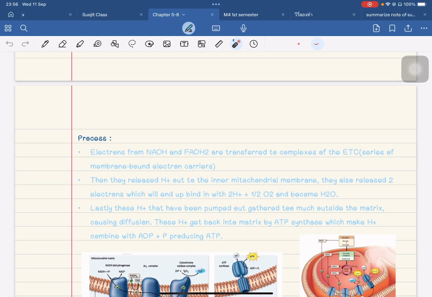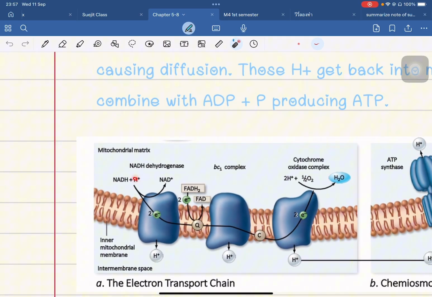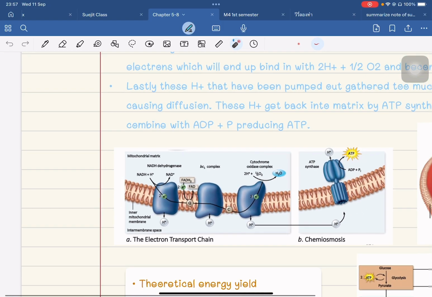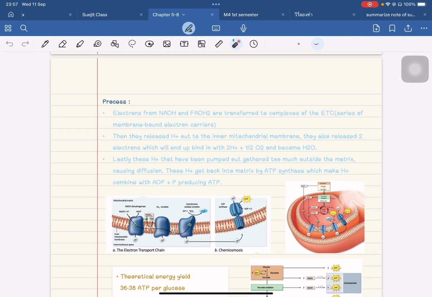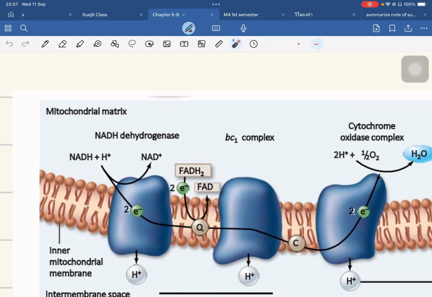The process is that the electrons from the NADH and FADH2 transfer to the complexes of the ETC, which is a series of membrane-bound electron carriers. Then they release the H plus out to the inner mitochondrial membrane through the channels. In the meantime, they also release 2 electrons. The FADH2 does the same, but it only releases 2 electrons, not the H plus.